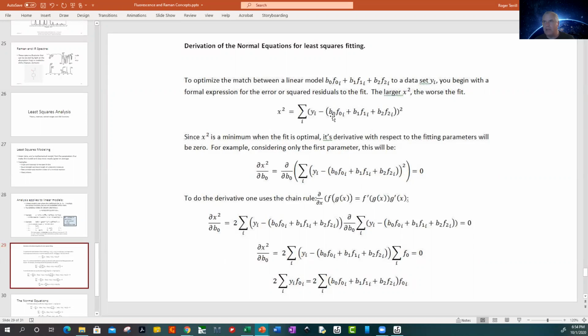Y1 minus B0 F0 sub 1 plus B1 F1 sub 1 plus B2 F2 sub 1, square it, add it to Y sub 2 minus B0 F0 sub 2 plus B1 F1 sub 2 plus B2 F2 sub 2, square it, add it up. You see, add up all these squared residuals, and that gives you chi-squared. I used a $2 word there, which is residuals, right?